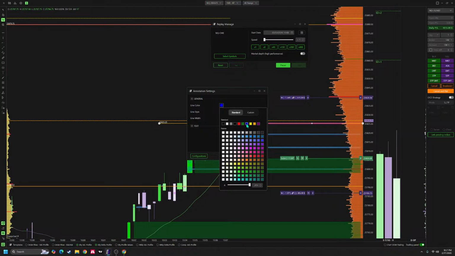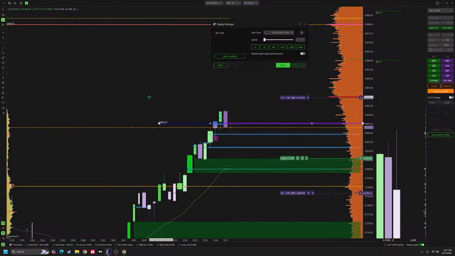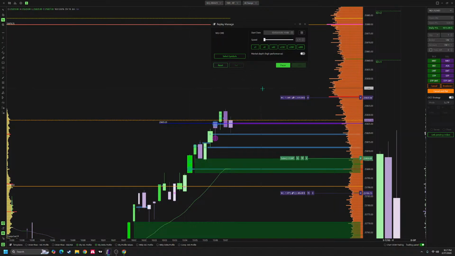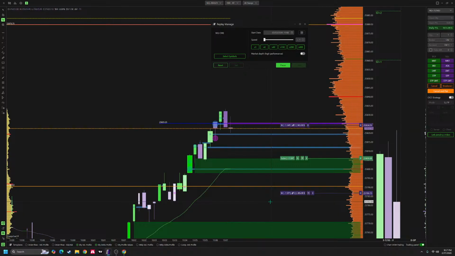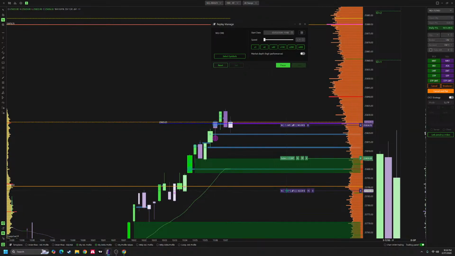So there's a lot going on right there. So if we take a scalp, we're likely going to take it back to here, which is going to give us about a 1-to-1 trade. So already up 1,000 on the day.